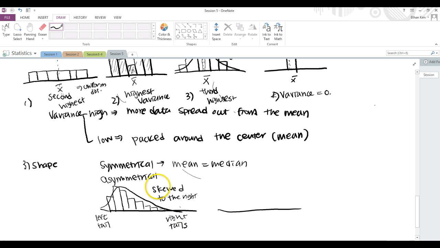And similarly, if you have something like this, this is skewed to the left. And interestingly enough, the mean versus median conversation comes into play here.